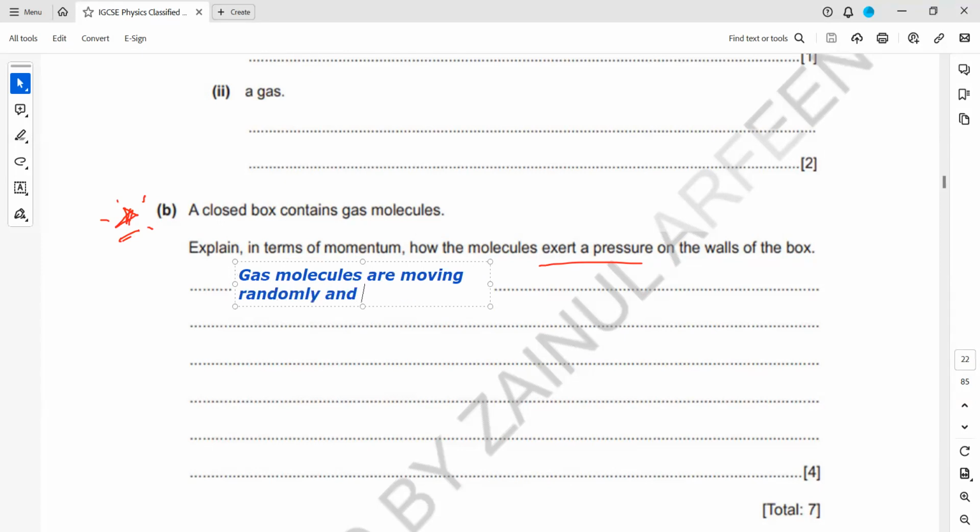And hit the wall of the container. Change direction and the momentum.